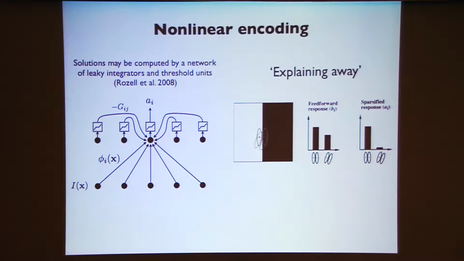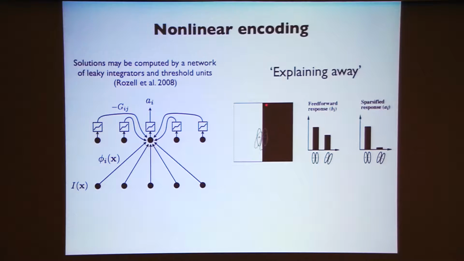So the result is that each one of these coefficients is now a nonlinear function of the input. And the nature of those nonlinearities is that it does a form of explaining away. The idea of explaining away is shown here in a cartoon form. Imagine you have two different units with different basis functions that are near each other in position, but maybe slightly different orientations.